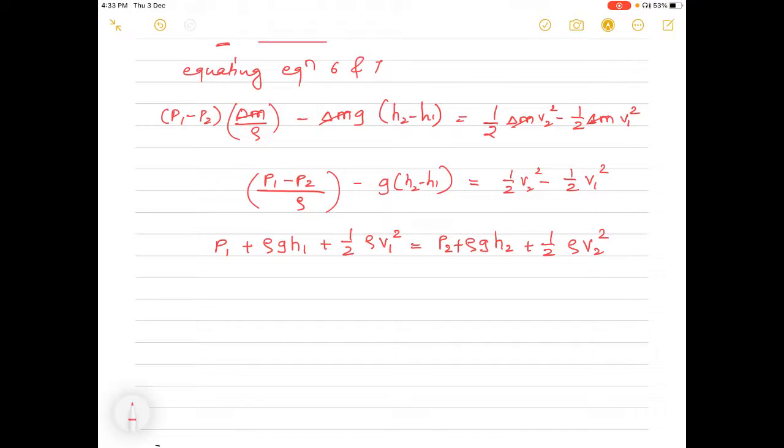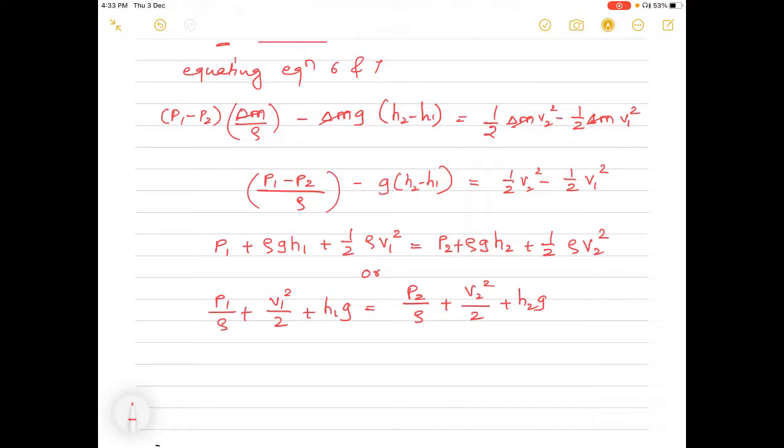Or we can also write it as P1 by rho plus V1 square by 2 plus H1 g is equal to P2 by rho plus V2 square by 2 plus H2 g.